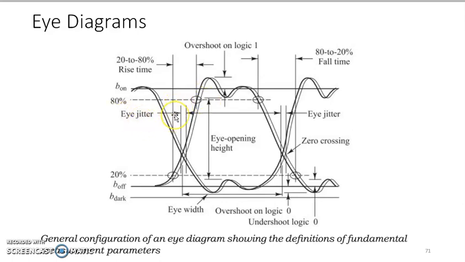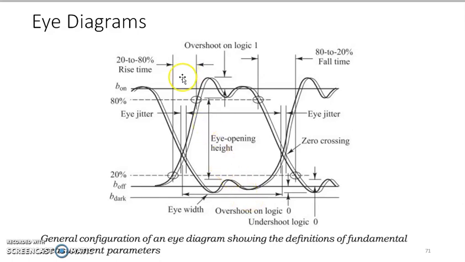Eye jitter means there is a variation in the clock, and due to the variation in the clock, it is difficult to identify the 1 and 0, or you can say there is variation in the representation of a 1 and 0 output. Sometimes we get the level of a signal beyond that, so that is an overshoot. We can say that for logic 1, and below some level of V off, there is an overshoot on the logic 0.